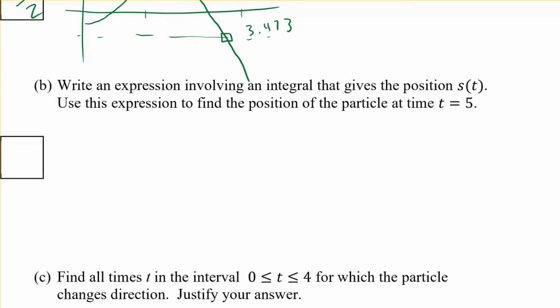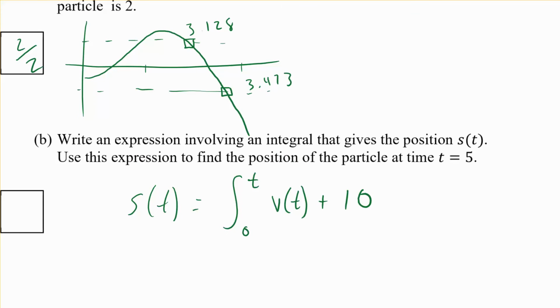How far are you after so much time? So s of t should equal the integral from 0 to t of v of t, plus 10. And that, I think, right there would be the integral, or 10 plus that, whatever.